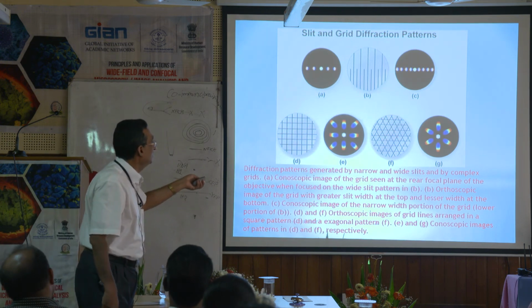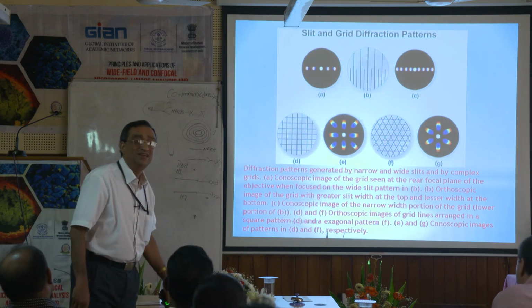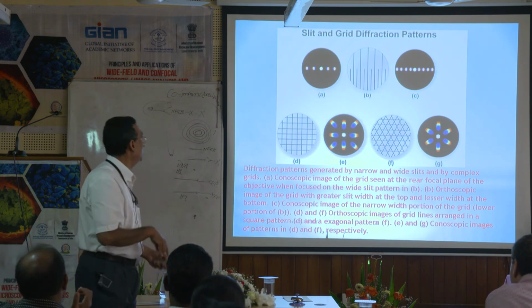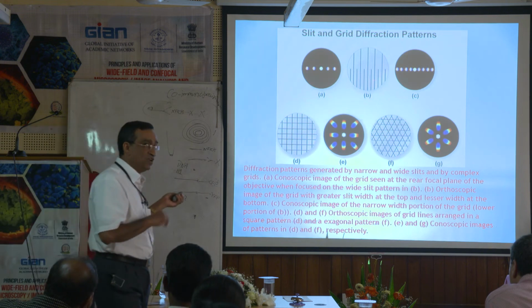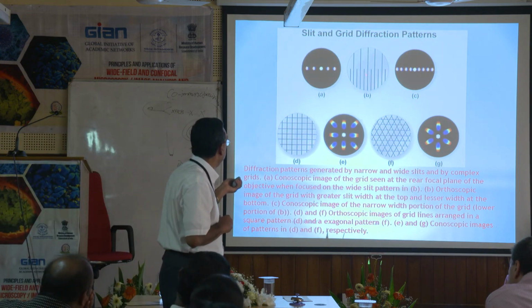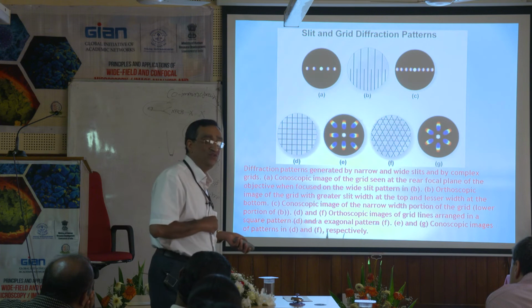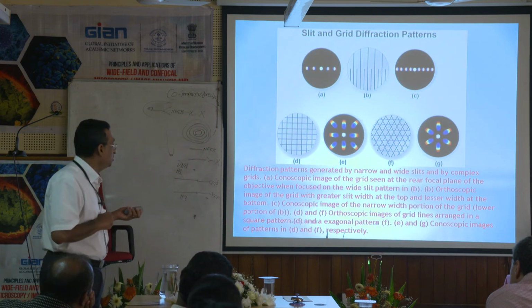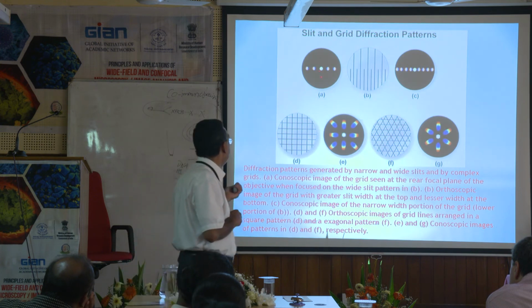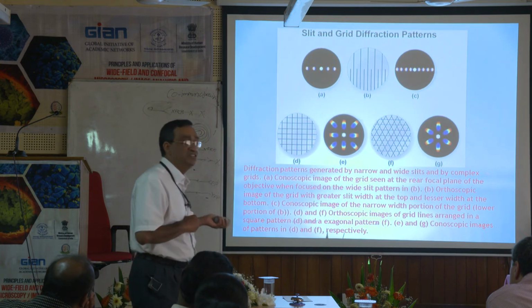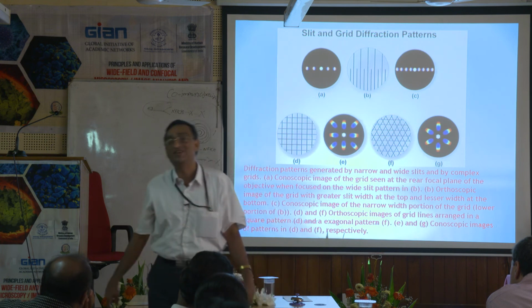You get perfectly hexagonal types of images. That means the images which are the magnified ones of objects, this image B, D and F, are orthoscopic images, and the images A, C, E and G are called conoscopic images.